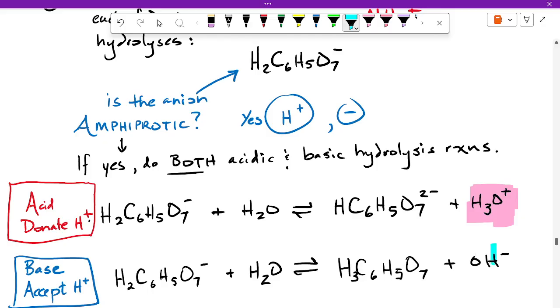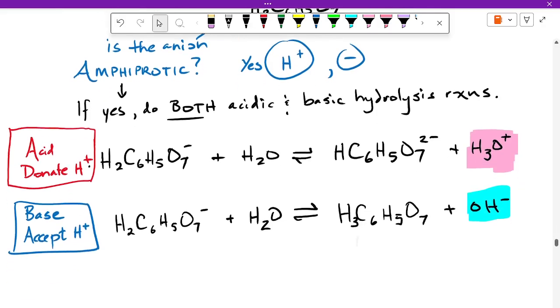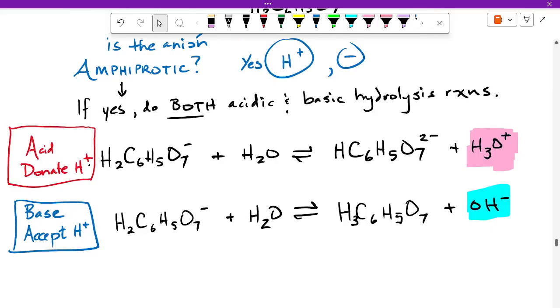So this ion, some of those ions are producing hydronium and some of them are producing hydroxide. The question then becomes, what does the question become? Which one produces more?